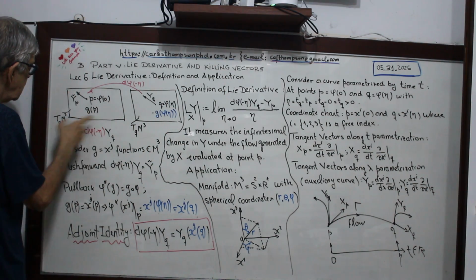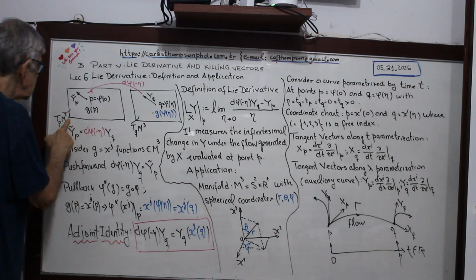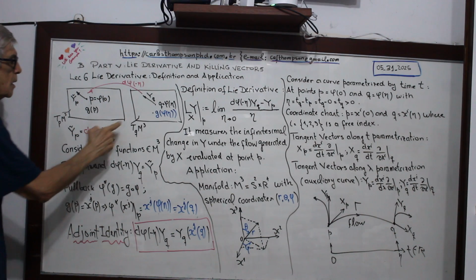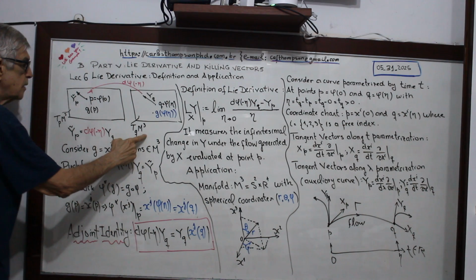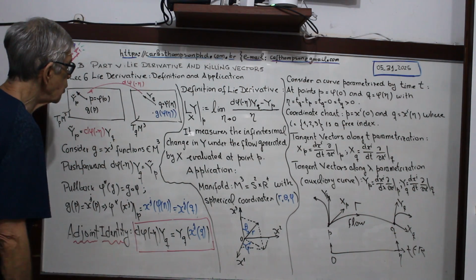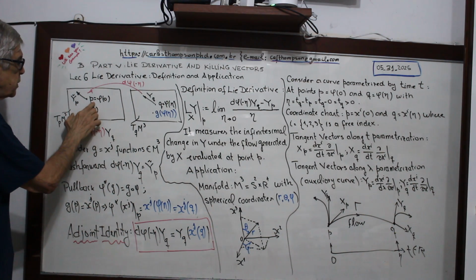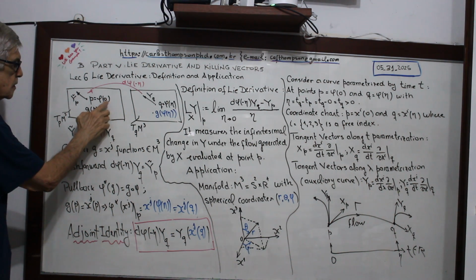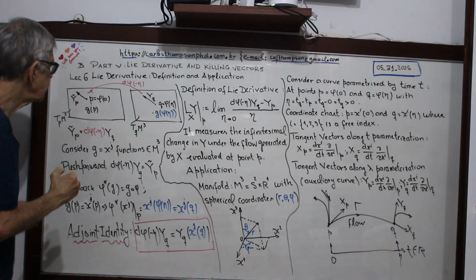This is the space, that's a manifold, and this is the tangent vector space, T_P M^3, at point P. This is point Q, and this is the tangent vector at point Q. Now remember that point P is phi of 0, parametrized by a time t.